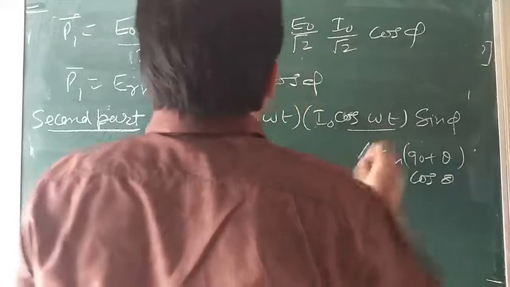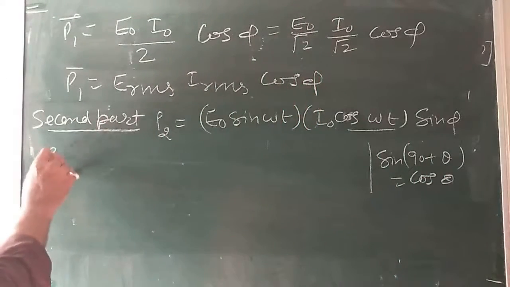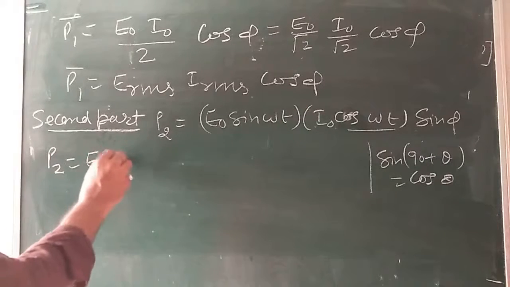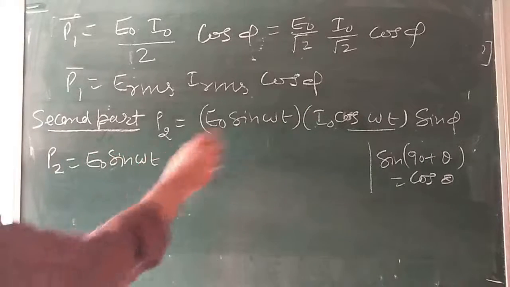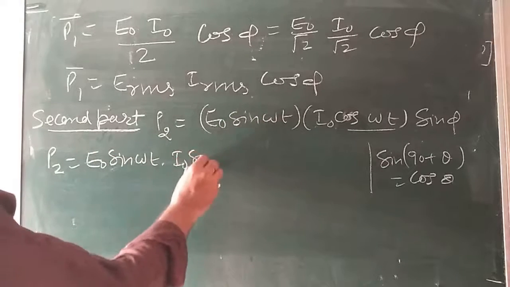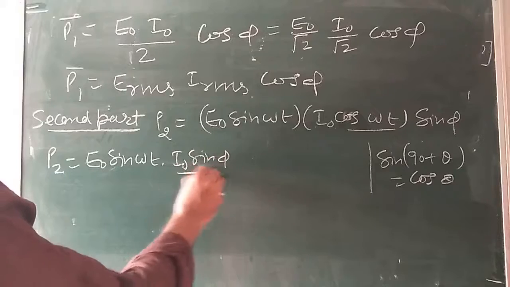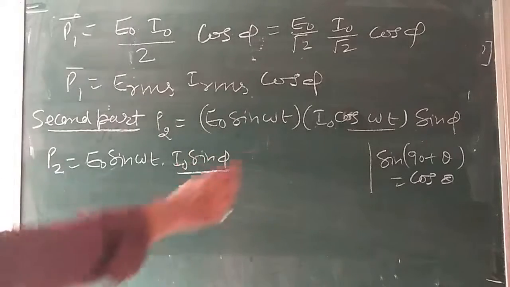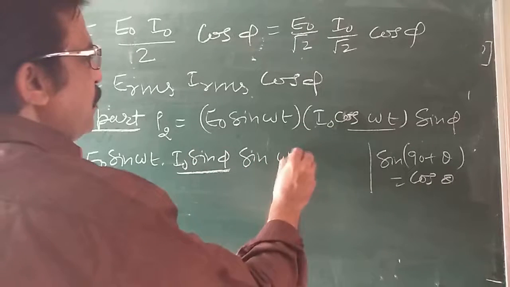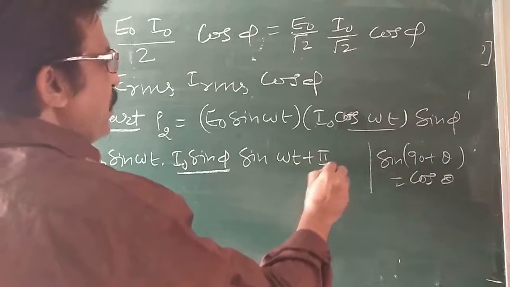We use here. I can write P2, that is equal to E naught sin omega t and I naught sin phi, it is the amplitude. Write this. And in place of cos theta I can write sin omega t plus pi by 2.